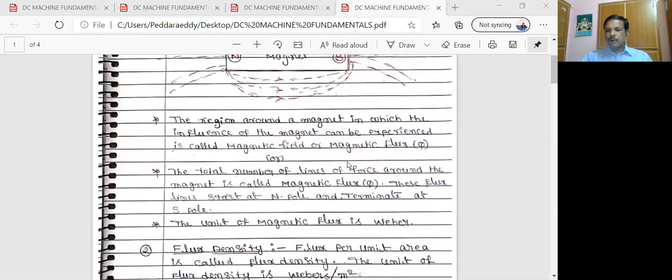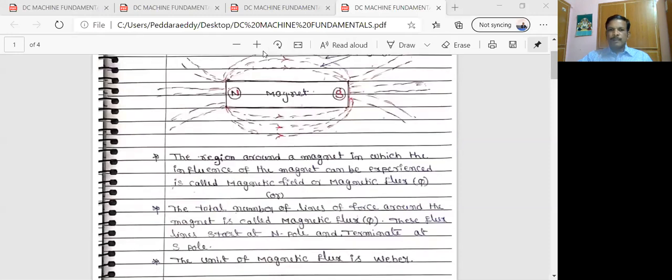The total number of lines of force around the magnet is called magnetic flux phi. These are the magnetic flux lines. The magnetic lines of force around the magnet are called magnetic flux.